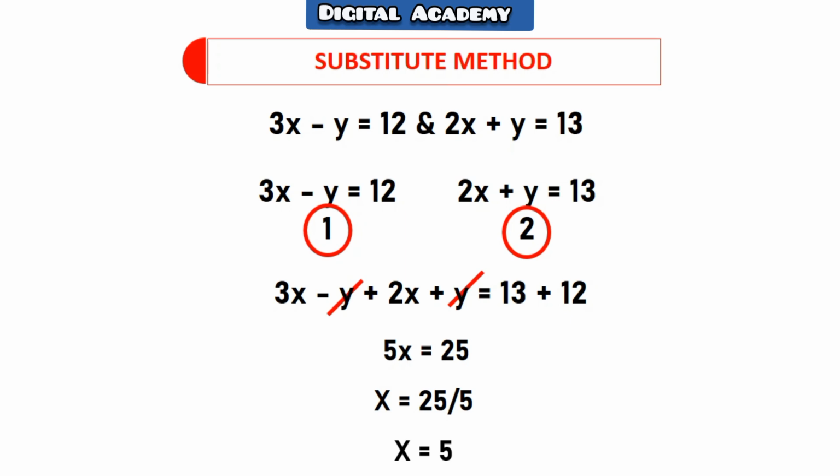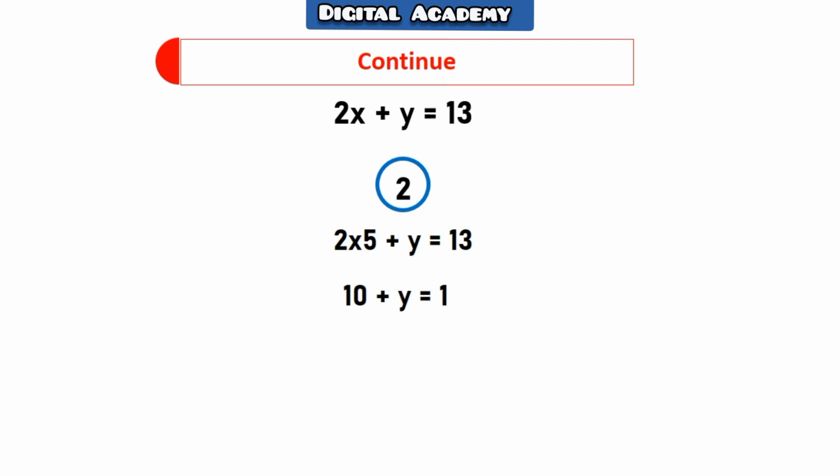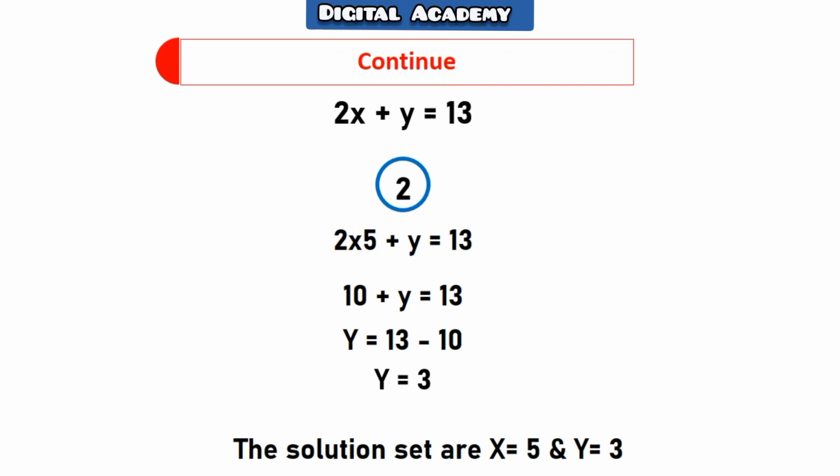Using equation 2, 2x plus y equals 13. 2 into 5 plus y equals 13. 10 plus y equals 13. Step 5. Solve for y. y equals 13 minus 10. y equals 3. The solution is x equals 5 and y equals 3.